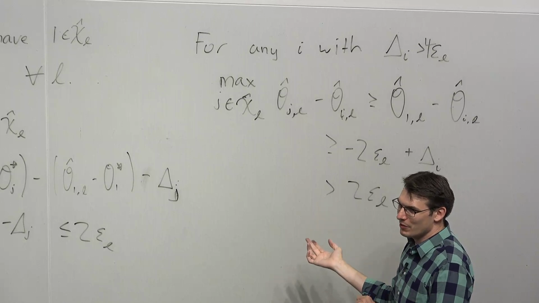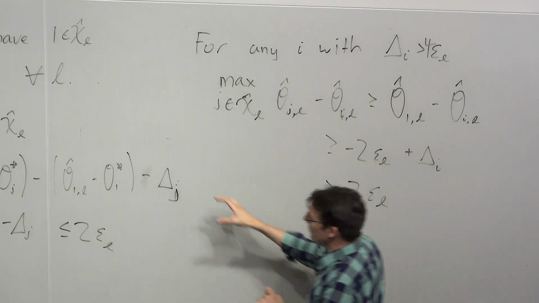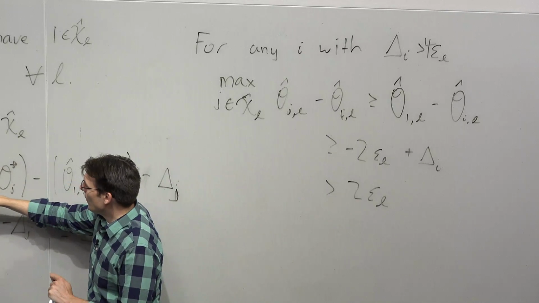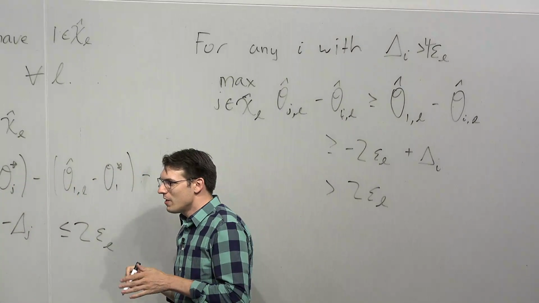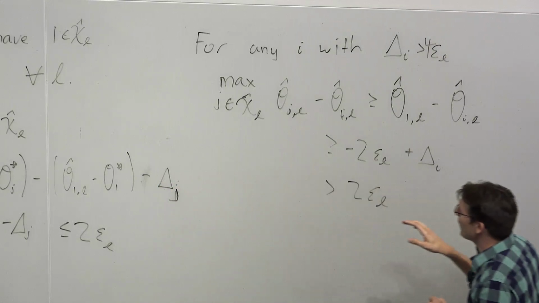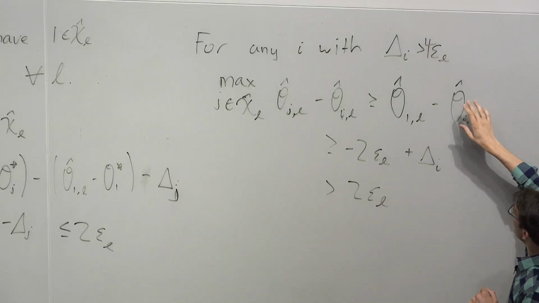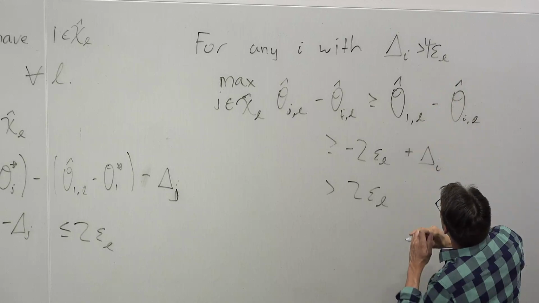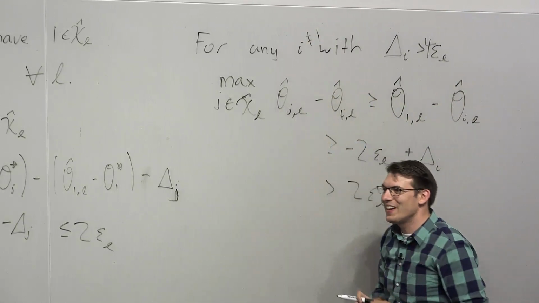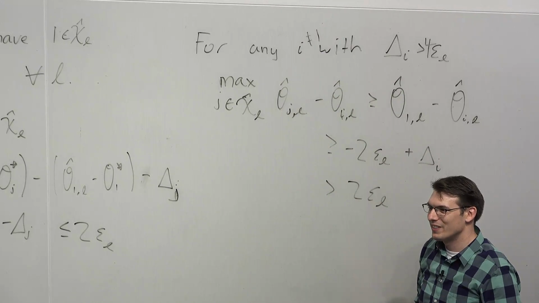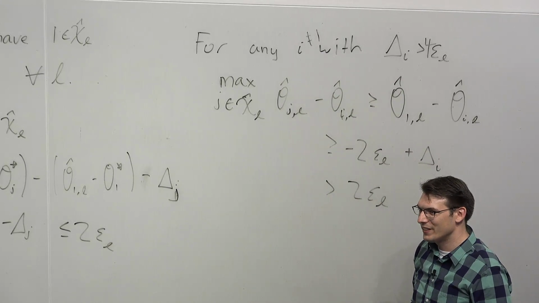The best arm will not be thrown out because of this. So this is just saying that the best arm will never be thrown out. And maybe there's a notational contradiction here, because any i not equal to 1 will be thrown out this way. Is that clear?